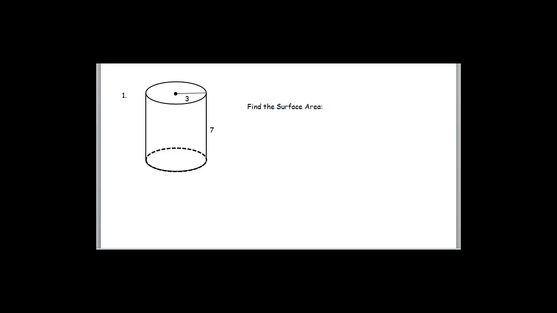Notice that in our first picture we have a cylinder. It has two bases. So since we're going to be working with surface area, remember that formula is pH plus 2b. And again, our two bases are right here and right there.